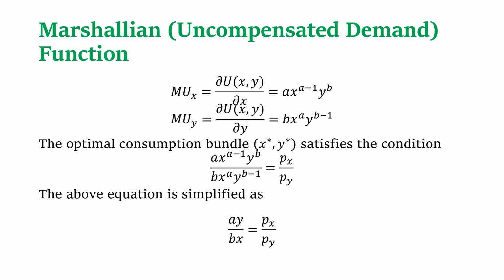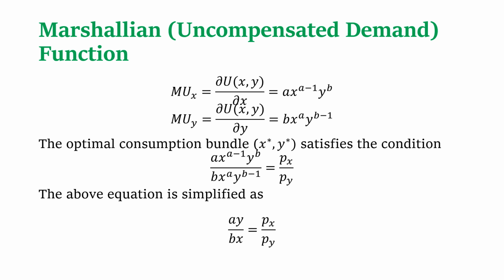Now we do the same thing for good y. The marginal utility of good y is obtained as b x to the a, y to the b minus 1. Notice here that we have x to the a again, right? Because x to the a will not change, because it is fixed. We are obtaining the derivative of the utility with respect to y, so in that case it is only y that changes.